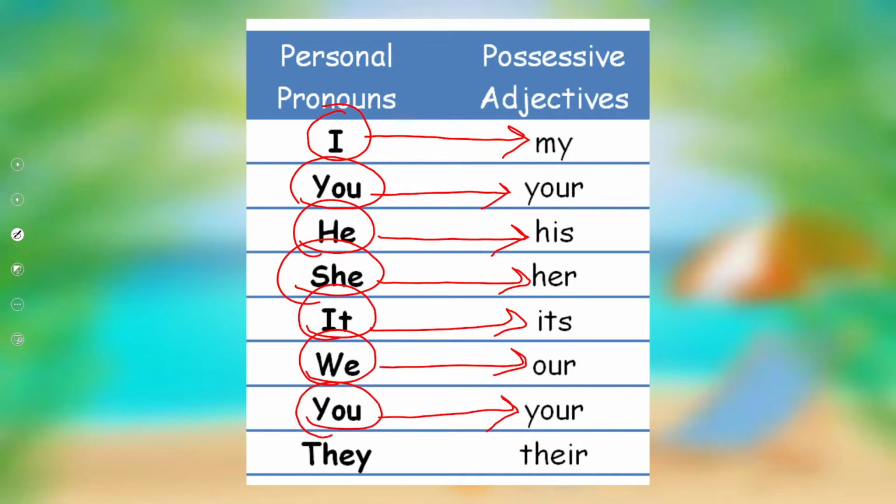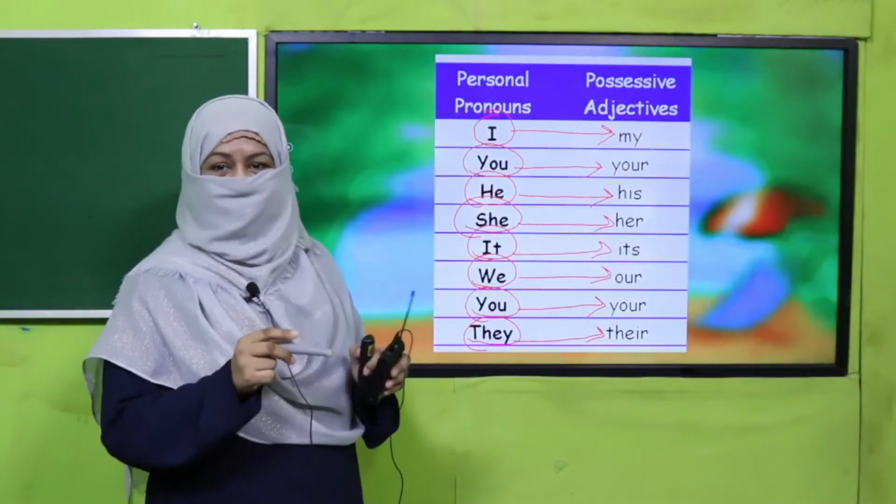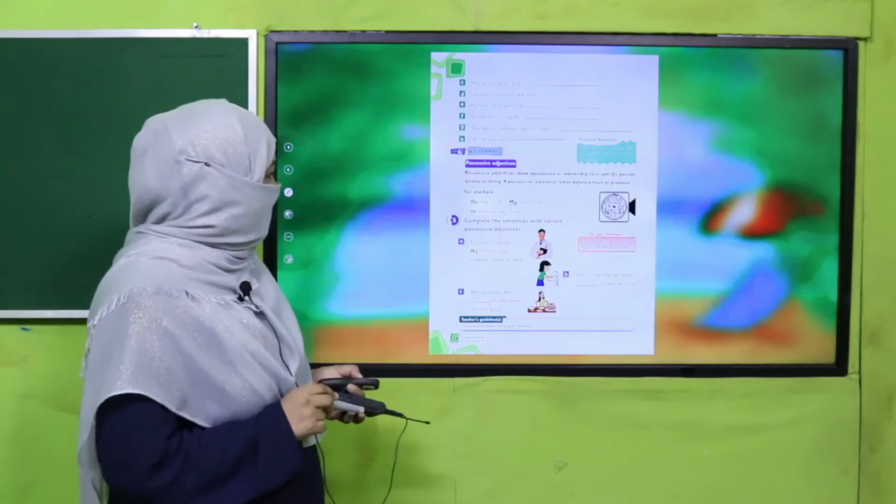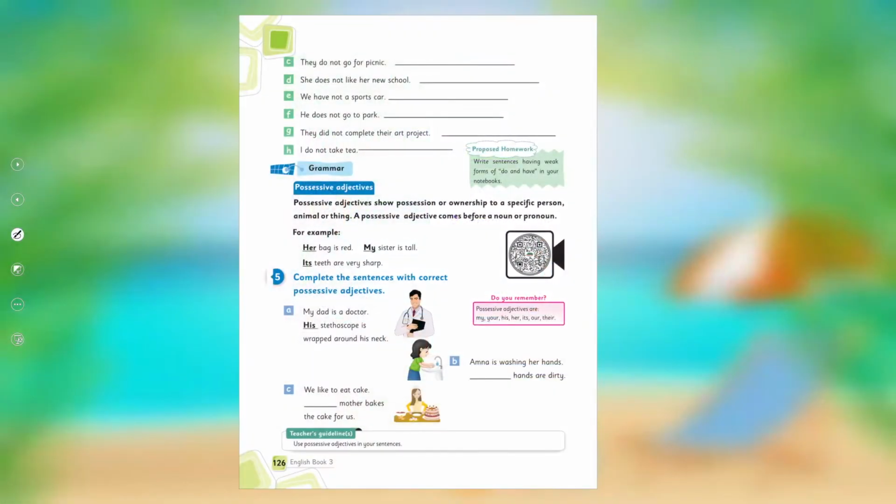You, your. They, their. Right? So these are possessive adjectives, and in a sentence we use them before a noun. Okay, so let's see what your book says about it. All of you open your book on page number 126. We'll read its examples from your book.